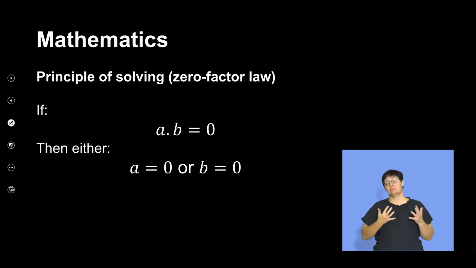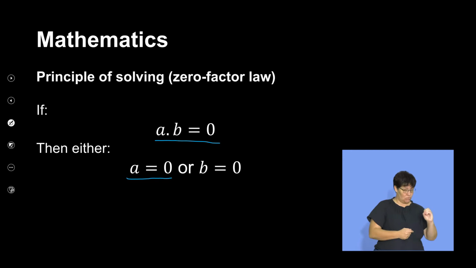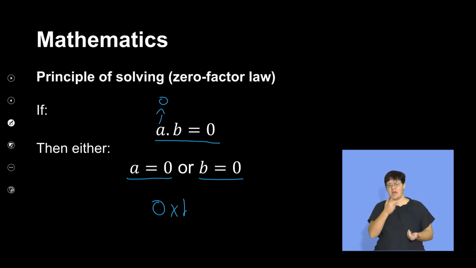Now, the principle of solving, which is actually called the 0 factor law, says that if A multiplied by B is equal to 0, then either A will be equal to 0 or B will be equal to 0. What does this really mean? Let's take, for example, that A is the one that is 0. It means that I will have 0 multiplied by B, which is definitely going to give me 0. So you can see it gives me the right-hand side there.